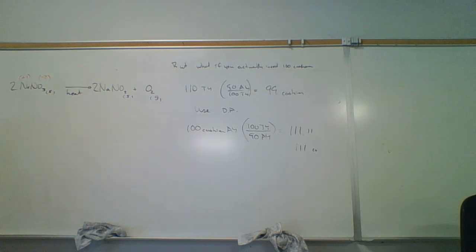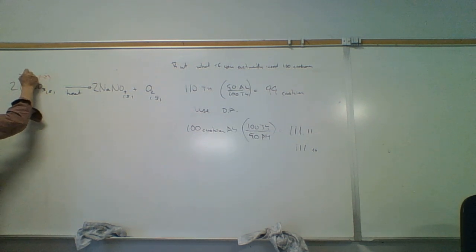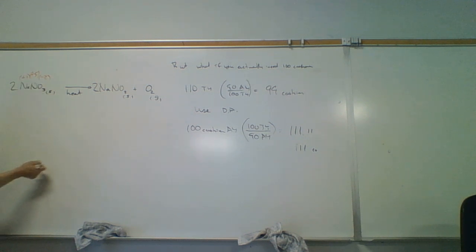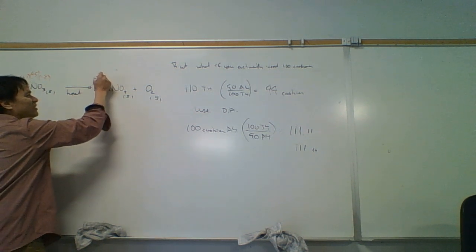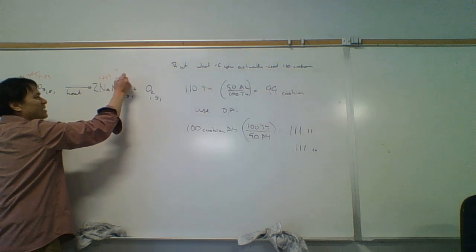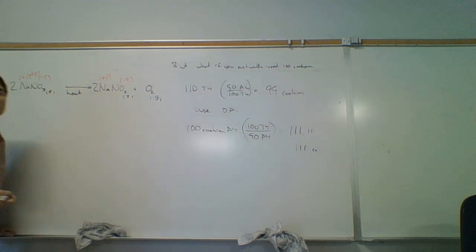That means nitrogen's what? Nitrogen's variable, because nitrogen goes all the way from -3 to +5, so I'm going to figure out what it is. In this case, nitrogen's +5. How about over here? Sodium's the same, +1. Oxygen's the same at -2, but nitrogen's changed to +3.